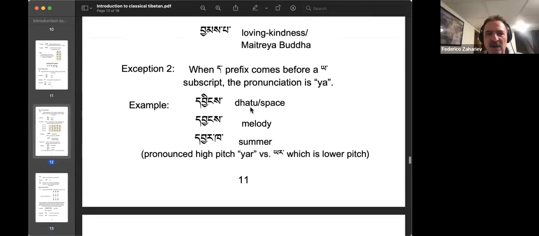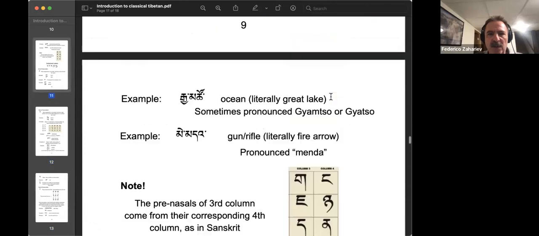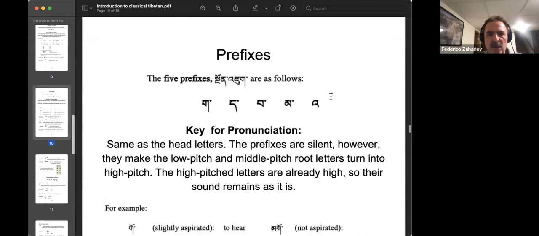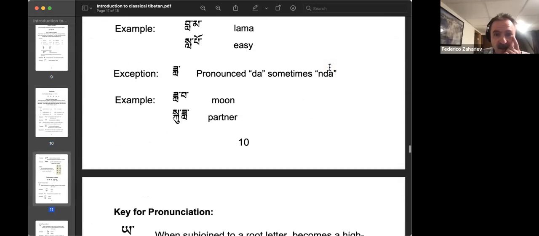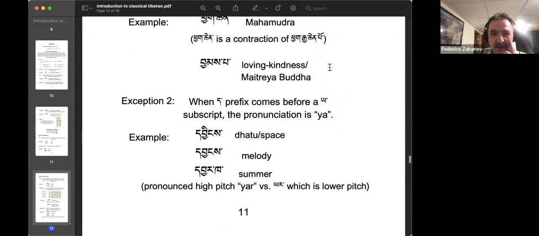Sorry, I have a question about the spelling that you just did. Yes, over here, the space, the dhatu. When you went through the root letter, you first say ba, then you say yatak, and then you would say what?